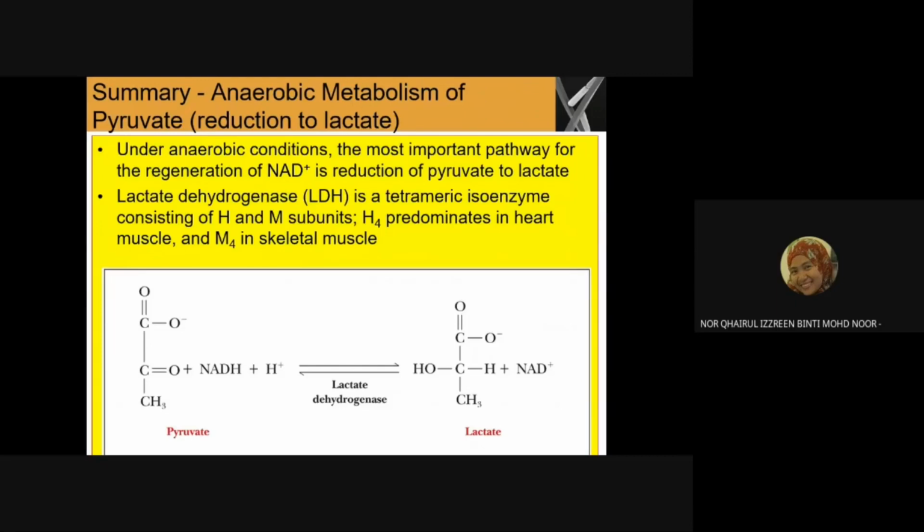The enzyme lactate dehydrogenase, LDH, is a tetrameric isoenzyme consisting of different subunits, H and M. H4 predominates in heart and M4 in skeletal muscle, because heart has a different function than muscle. That is why, although it is the same lactate dehydrogenase, it contains two different subunits, H and M.